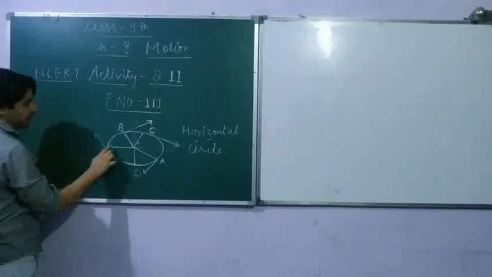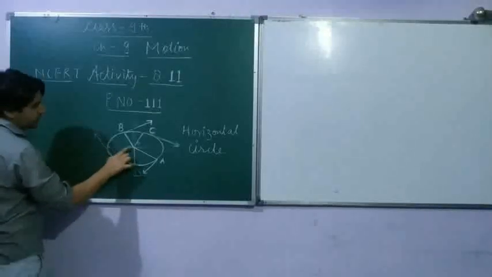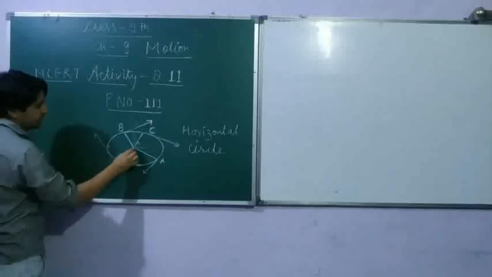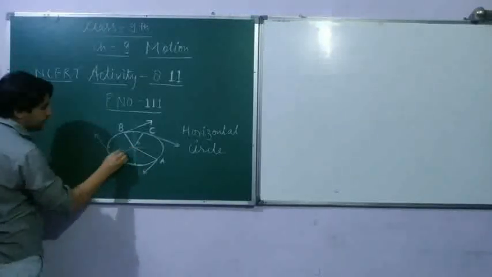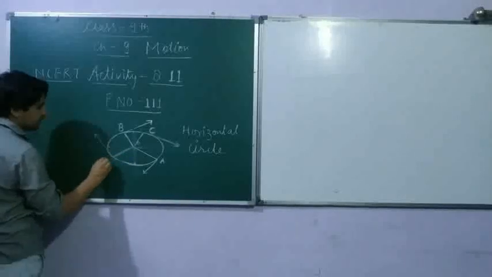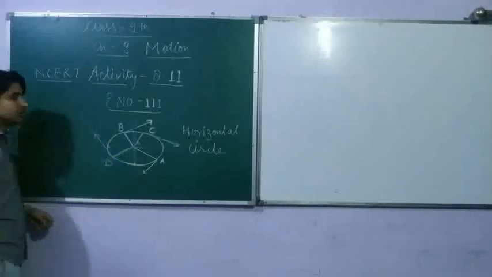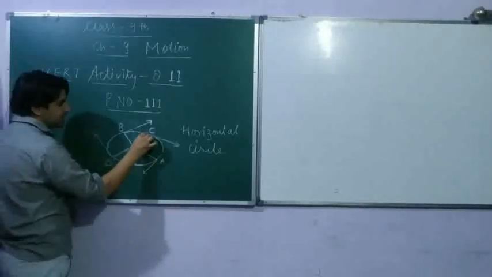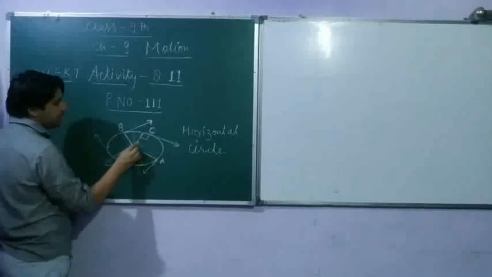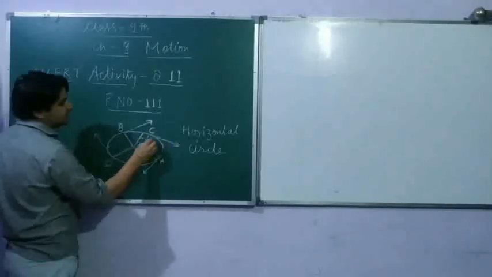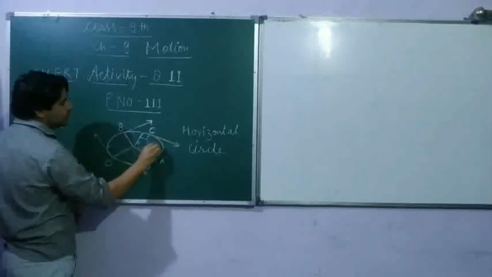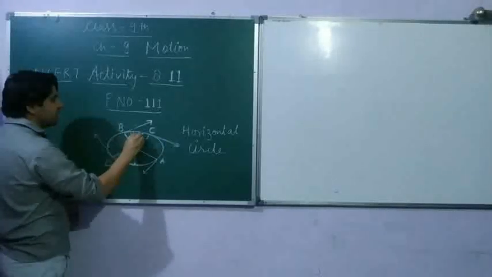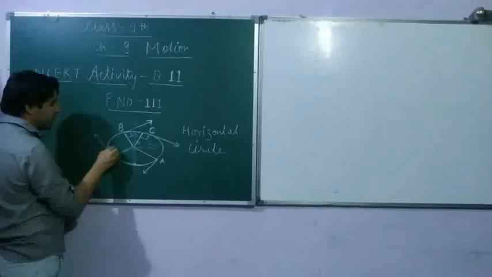So I may consider this point to be position D. You may see that at every point, approximately the angle between the radius and this is 90 degrees. You may observe easily that the angle is approximately 90 degrees at most of the points.